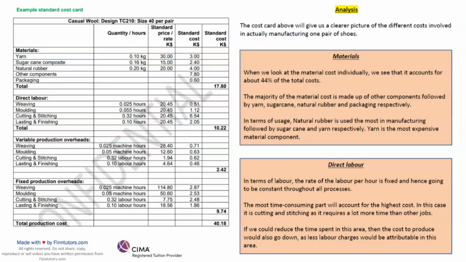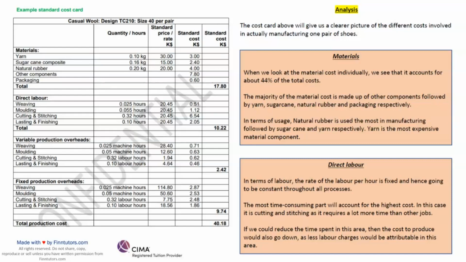We know it makes up 40% or more of the total cost. For direct labor, it's based on a per hour basis, so it's apportioned according to the hours. If you look at the variable production, it's apportioned according to the machine hours. For fixed production, it's also apportioned according to the machine hours, and then you get your total production cost.